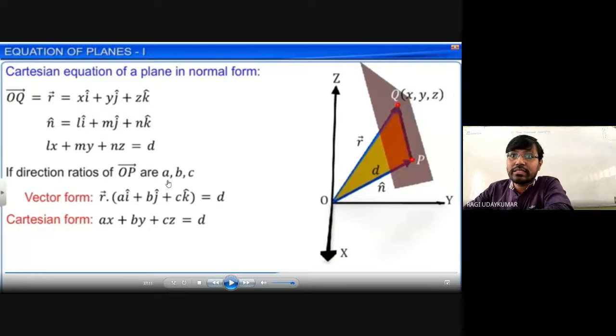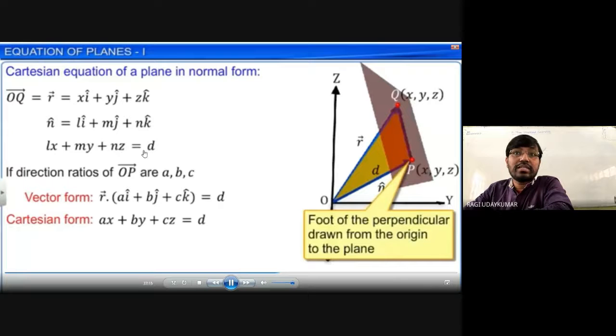In this case, whenever direction ratios are given, D is not a distance of the plane from the origin. It becomes the distance only when the coefficients are direction cosines, l, m, n.